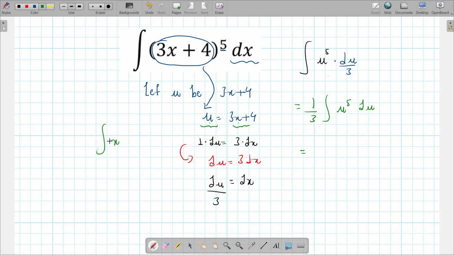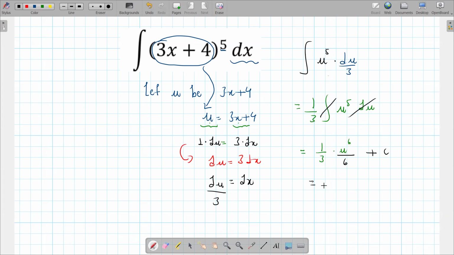It's u to the power of 6 over 6. Plus c, because this is an indefinite integral.